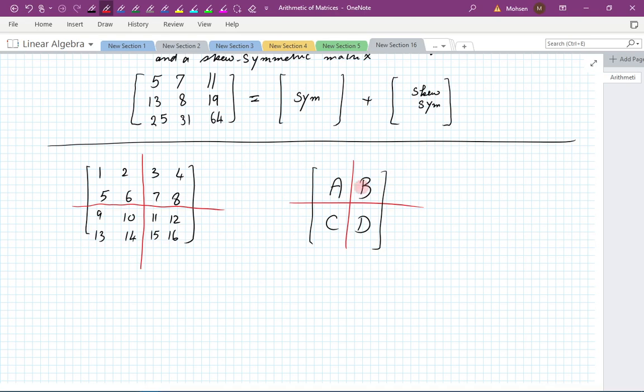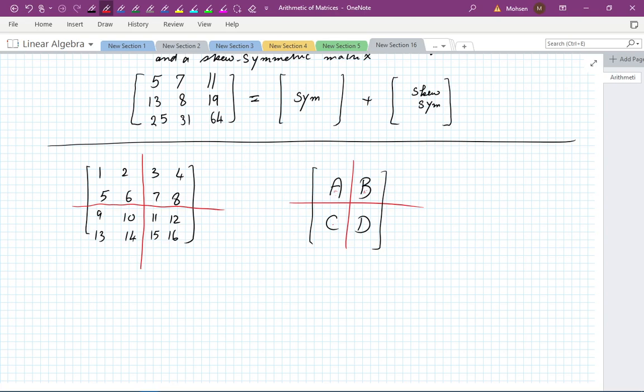The only thing is, of course, the sizes should match. We are not going to have anything crooked sitting next to each other. These two are going to be next to each other if they have the same number of columns. A and B can be next to each other if they have the same number of rows, and so on. To be a good neighbor, you have to match either the same number of rows or the same number of columns for things to work. And then you can think about matrix multiplication when elements of your matrix are partitioned.